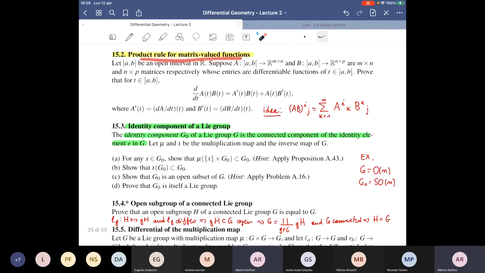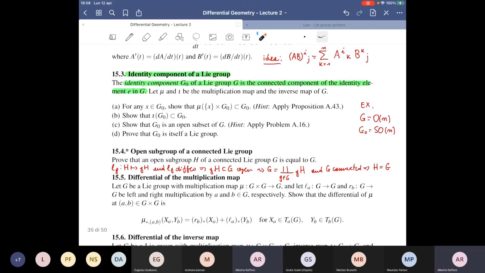Again, you have a product rule for matrix valued functions that tells you that if you multiply two matrix valued functions and you differentiate it, you have a kind of product rule, a Leibniz rule, for this derivative. And the idea is just to see how the product is defined, and so you will derive the usual product rule of real functions.